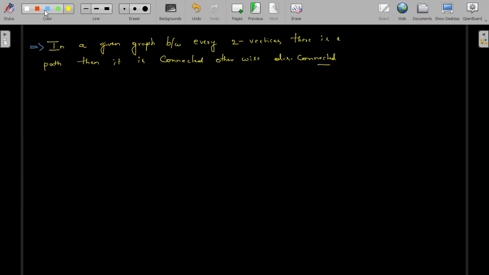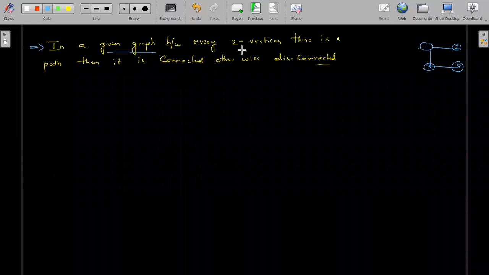So please observe here, everybody. In a given graph, I have taken a lot of graphs, right? So 1, 2, 3, 4. Between every two vertices here, vertex 1, vertex 2, there is a path. Yes or no?